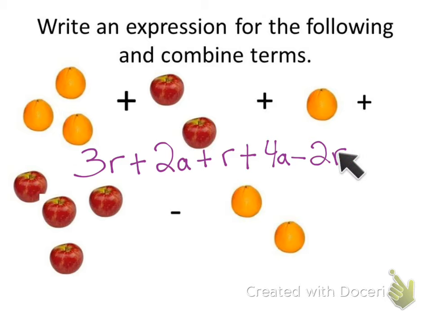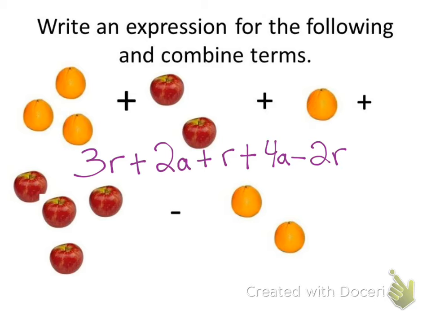Kind of cool, right? Now, when I'm adding these, can I add apples and oranges? No. What do I add oranges with? Oranges. So the R's go with the R's. I have 3 oranges. I'm going to jump over the apples and add the other oranges. So what's 3 oranges plus 1 orange? 4 oranges, or 4R, and then I'm taking 2 of those away.